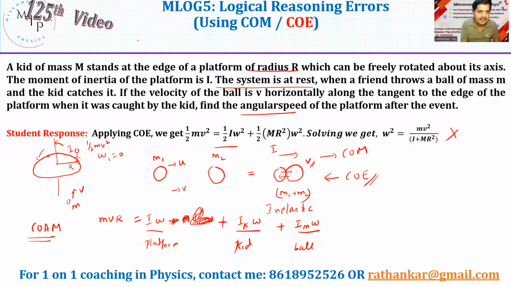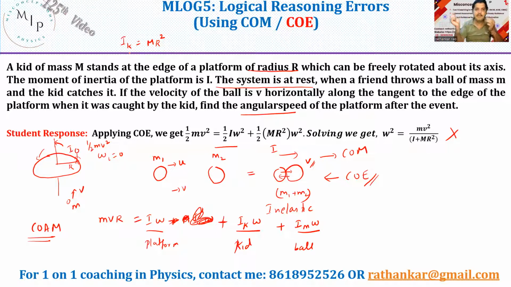Now, I omega, I'll just retain like this because the value of I is already known. I kid, what is I kid? Where is the kid standing here? Kid is standing here, and the distance from the center is R, which means it's equal to a point particle. Therefore, this should be equal to mr square. For a point particle, you take a particle, put a string, then keep rotating it like this.